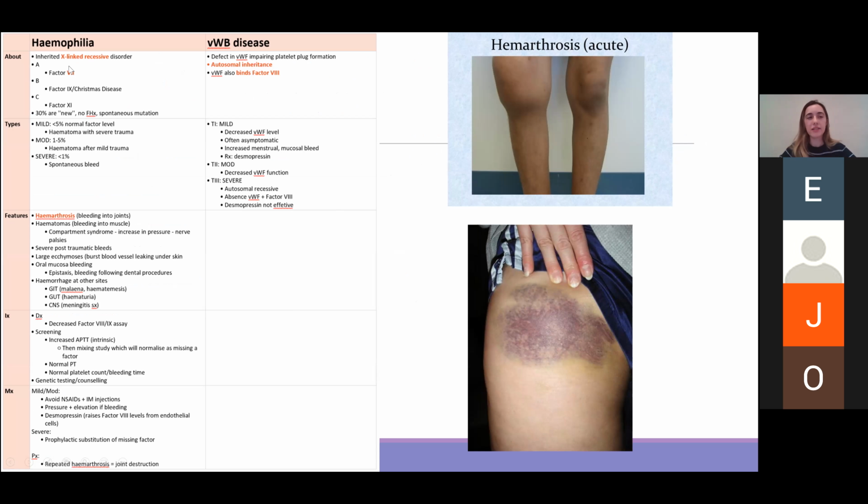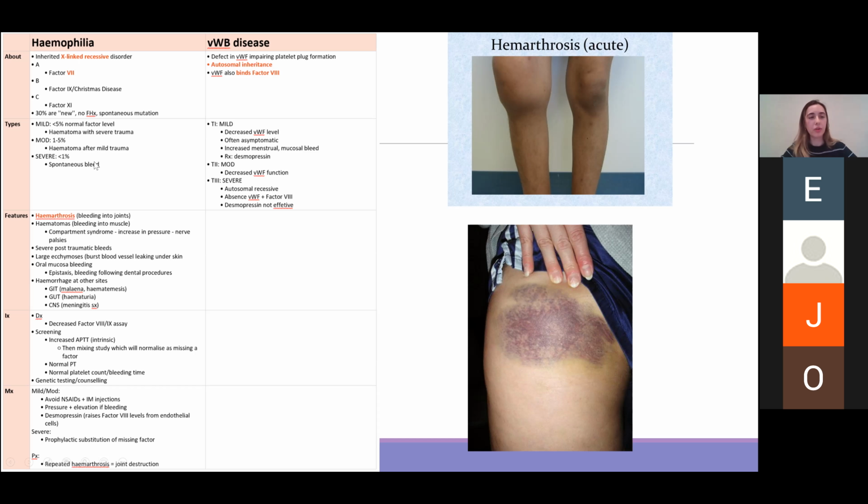As I said, it's an X-linked recessive condition, so look out for questions that specify it's a male. It can be factor VIII, factor IX, or 11, but factor VIII is the hemophilia A one.